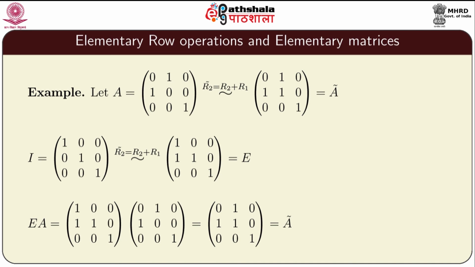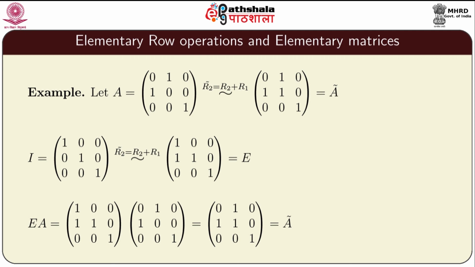Now, suppose I do the same on the 3 cross 3 identity matrix I, and then what we get is 100, 110, 001, which is surely an elementary matrix of third kind.